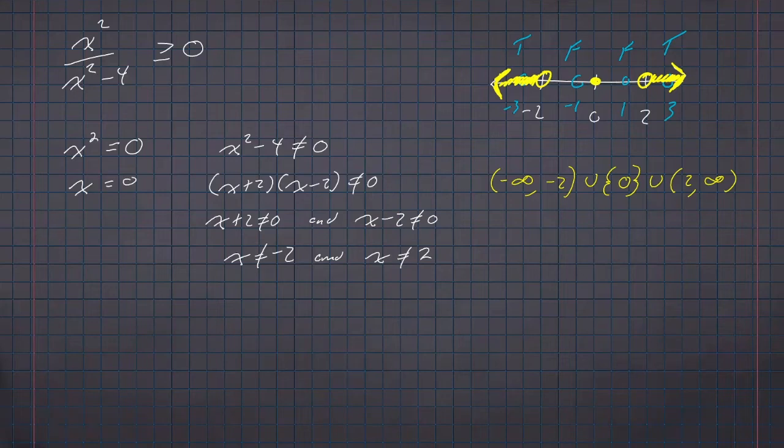One last example that kind of exhibits the opposite of this behavior. Let's take a look at x minus 5 over x squared is less than or equal to 0.